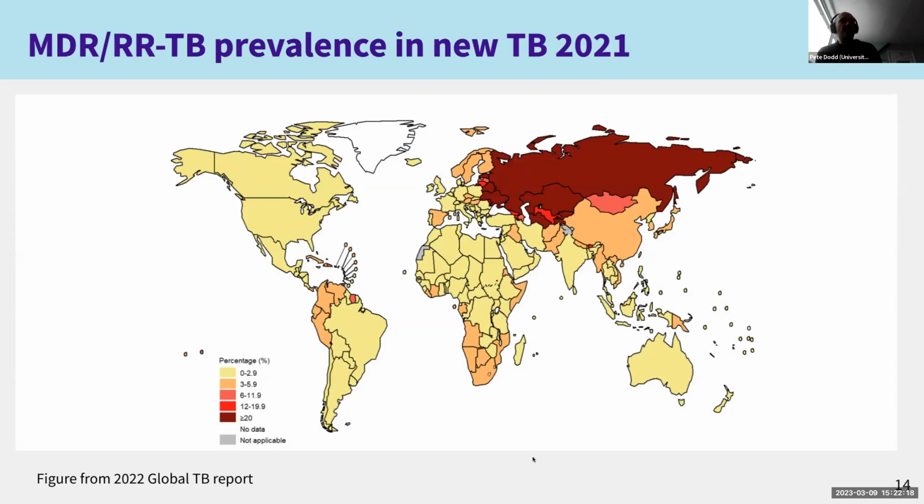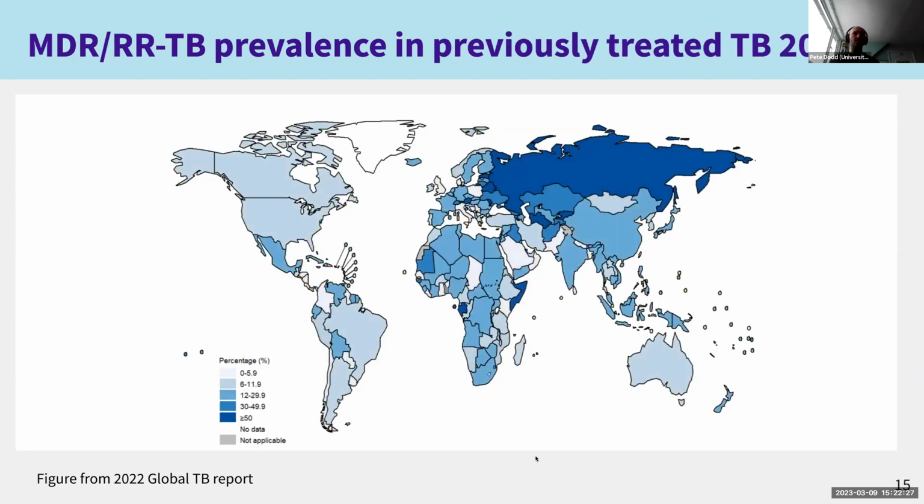I said already that the prevalence of rifampicin resistance is much higher in people who have been treated before than in people who have been treated for the first time. And the data for all of these things is stratified by treatment history.